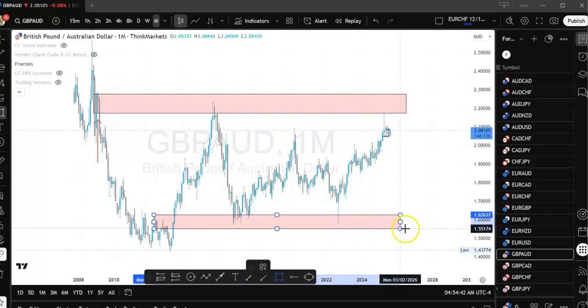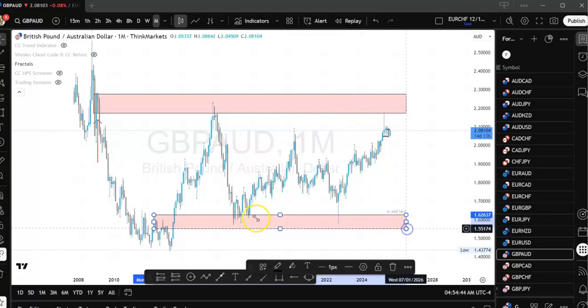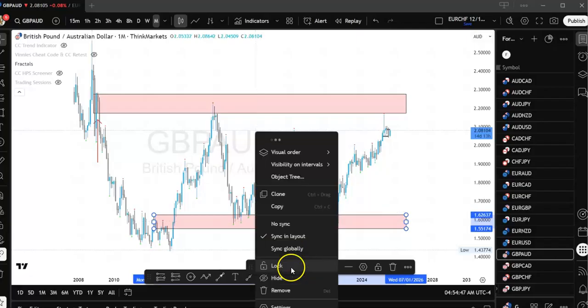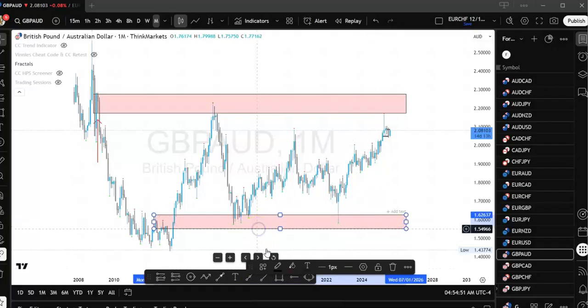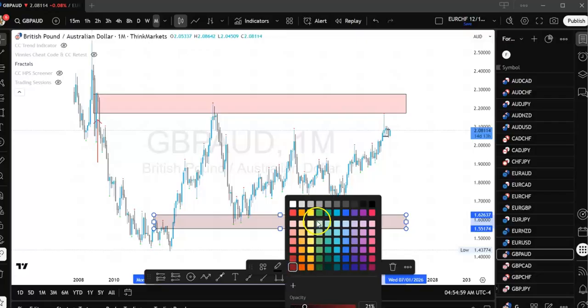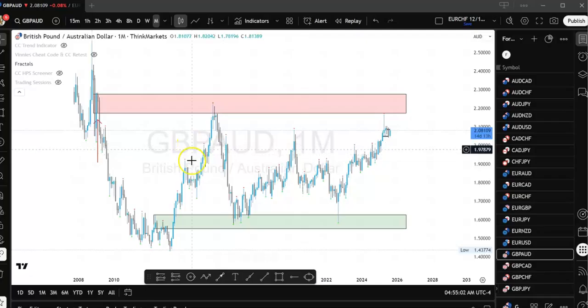Okay, draw it across. I like to color my zones different colors. So I know this is a buy demand zone, so I color it green. Okay, so this is my demand zone.